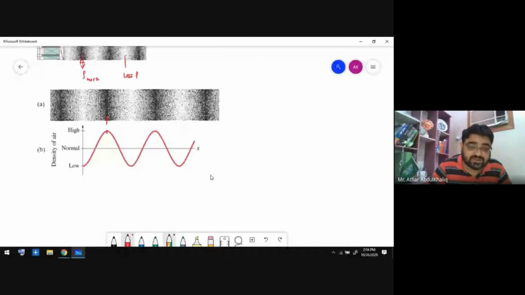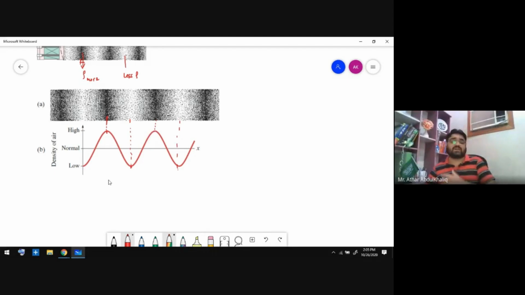So where there is low density, it's like a trough, and where there is high density, it's a crest. Going from high density to low density, the molecules are getting less dense. As they approach from compression to expansion, the density of the region decreases. Then they go to compression again, and density increases.